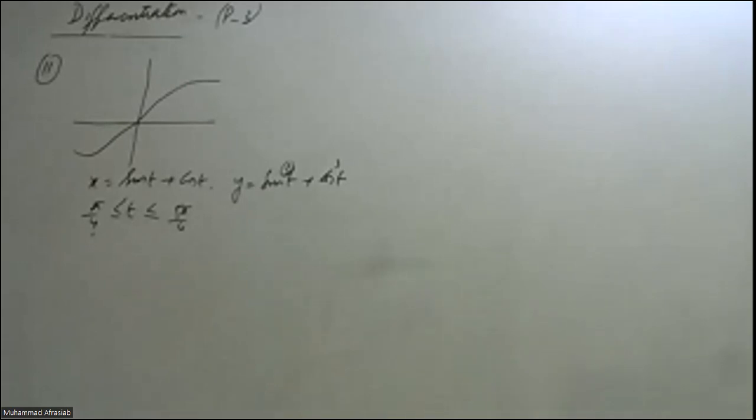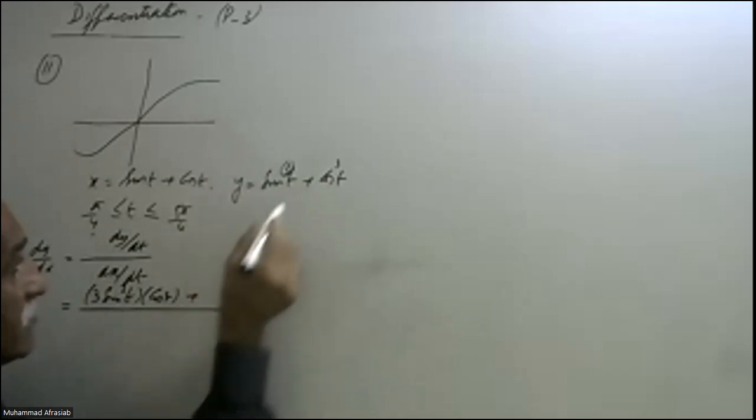By using the parametric equations, we can find dy/dx equal to dy/dt over dx/dt. For y, there is a power, so the power becomes the coefficient.